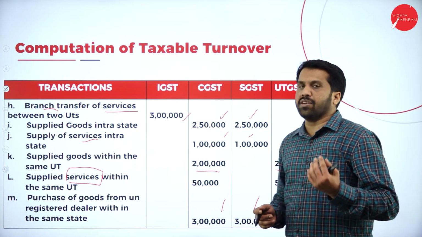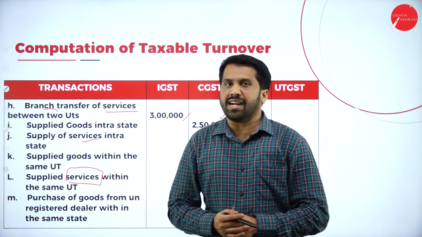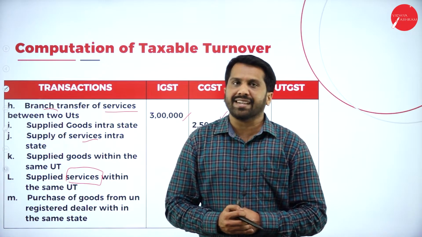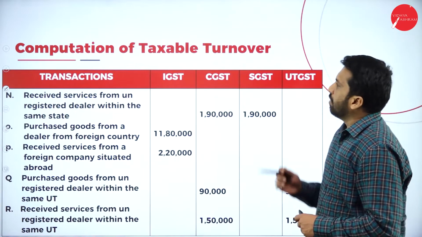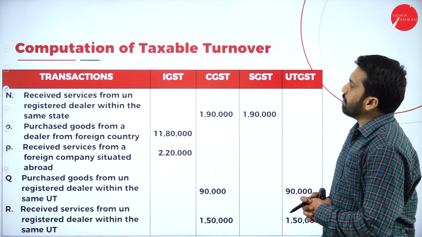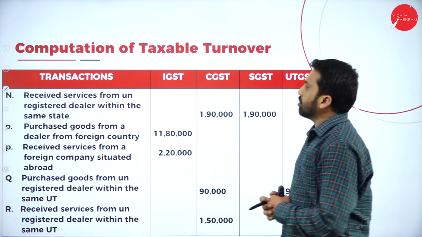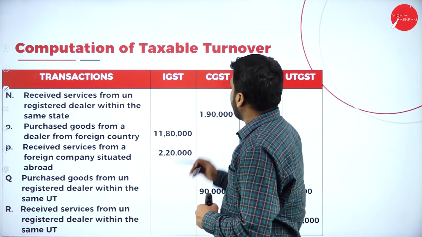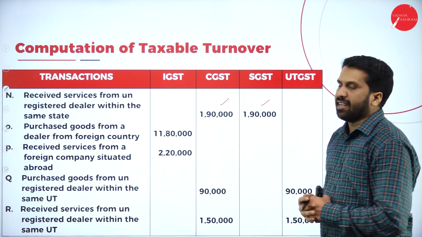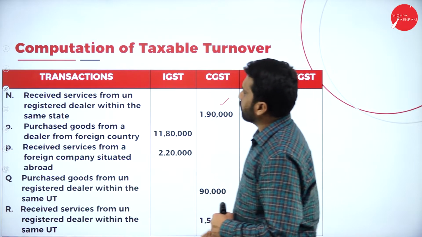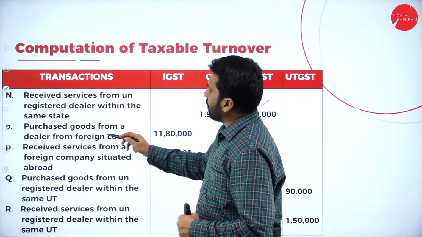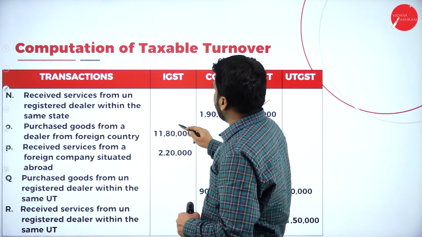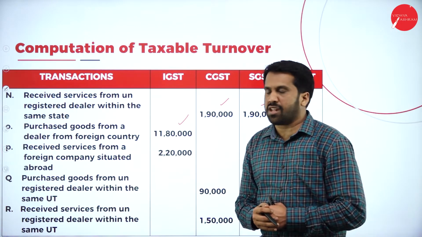Unregistered dealer, even though it is purchases, we call it reverse charge mechanism. And the last part, received services from unregistered dealer within the same state, we go for CGST and SGST. Then purchase of goods from a dealer from a foreign country, again we'll go for IGST.